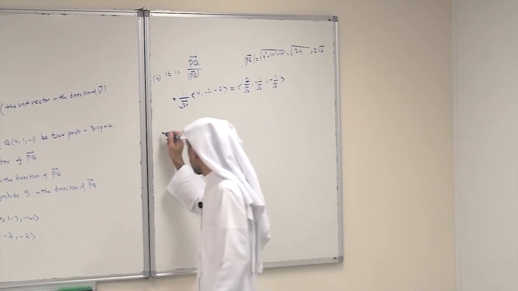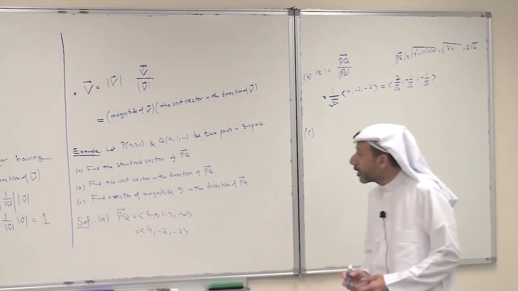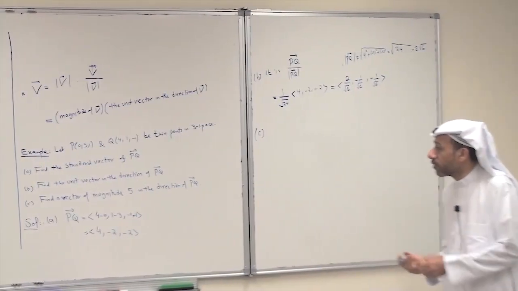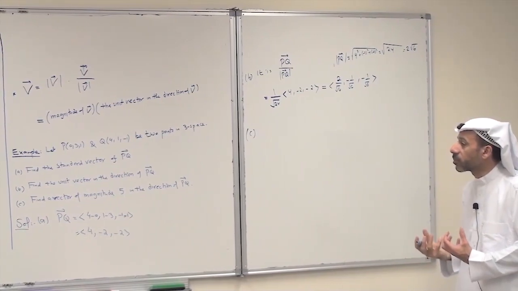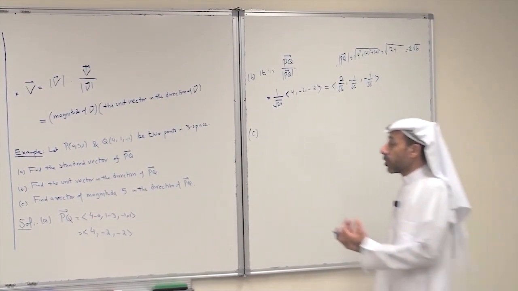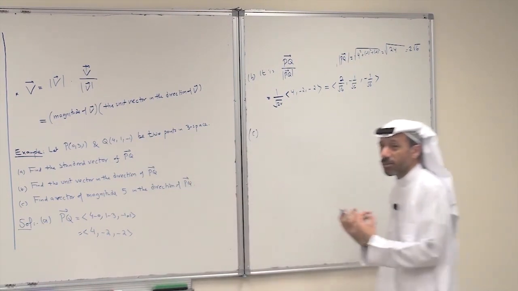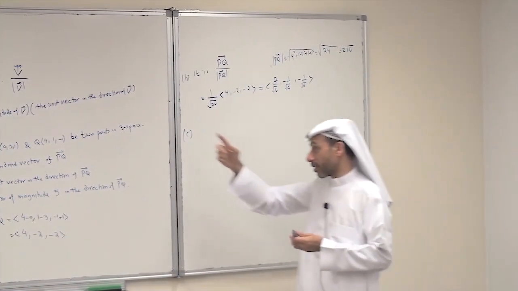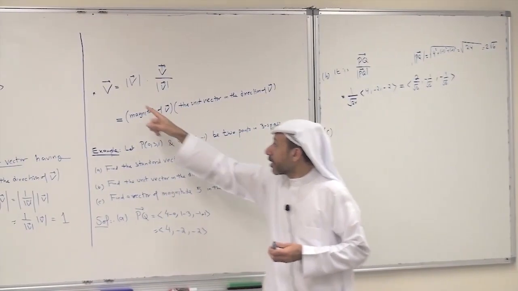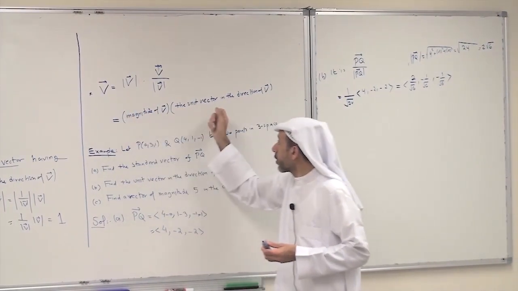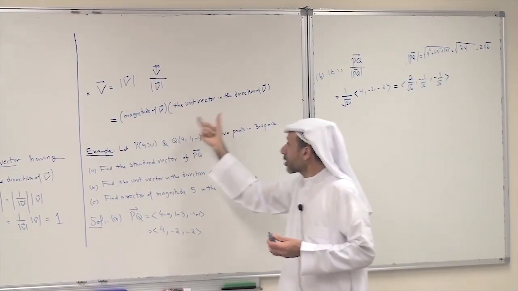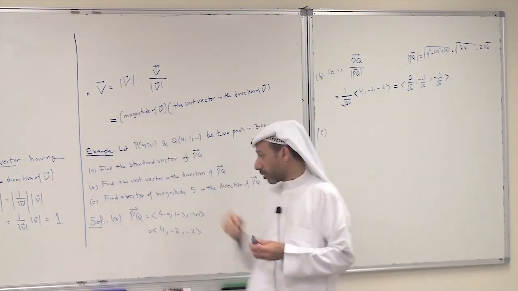For the last one, find a vector of magnitude 5 in the direction of PQ. So now I know the magnitude and I know the direction. How to find the vector? We use what we found in the last thing we did. In fact, if you know the magnitude and the unit vector in the direction, just multiply them to get the vector.